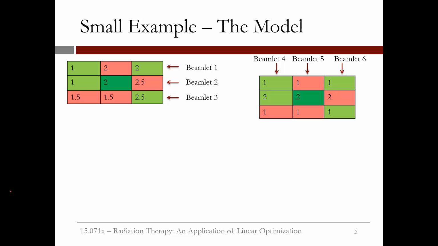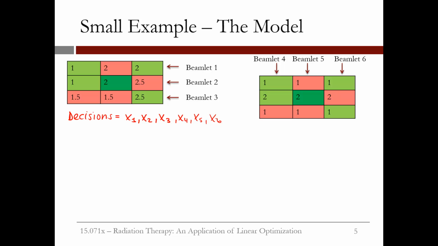Putting these tables together, we can now write out our optimization problem. Our decisions are the intensities of each beamlet. We'll denote these by x1, the intensity of beamlet 1, x2, the intensity of beamlet 2, x3, the intensity of beamlet 3, etc., for all 6 of the beamlets.